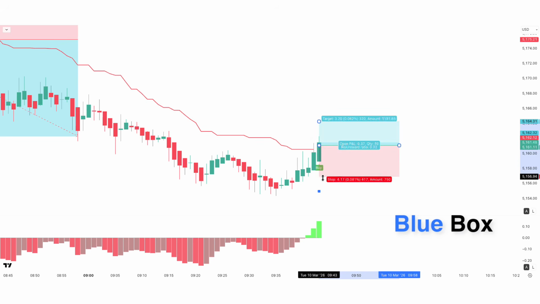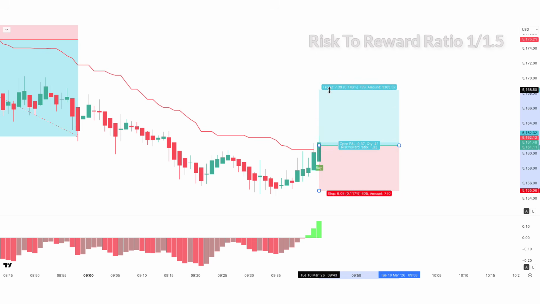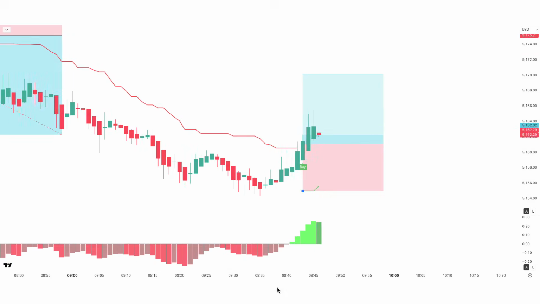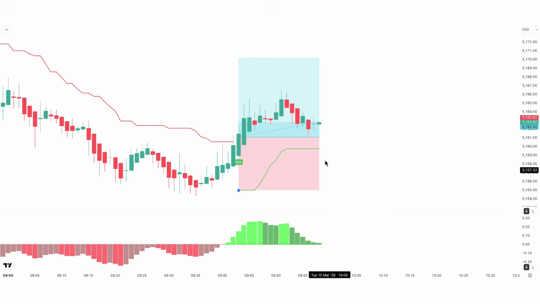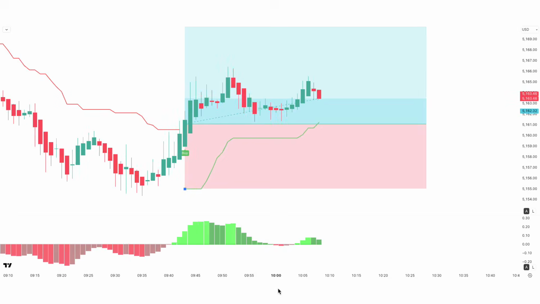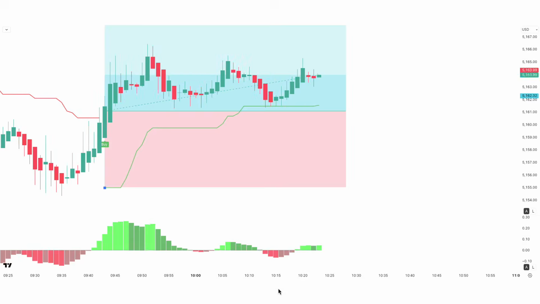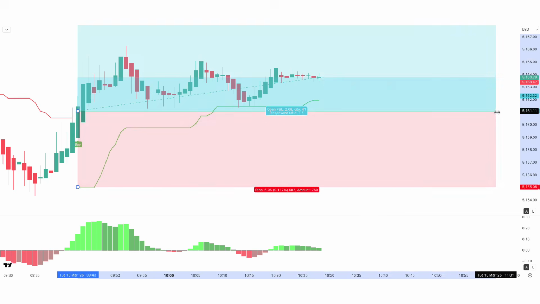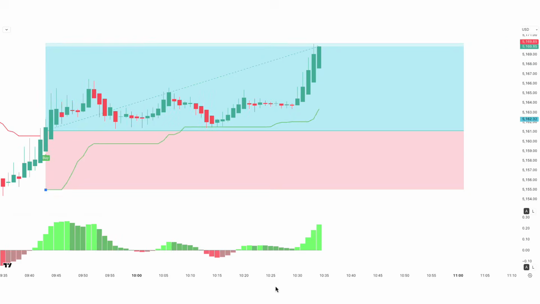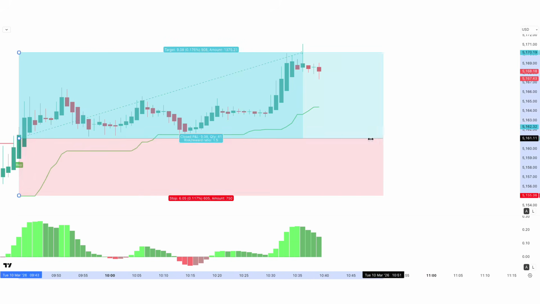Our stop loss is to be placed at the blue box, and the risk to reward ratio will be 1:1.5. The market has completely hit the target.